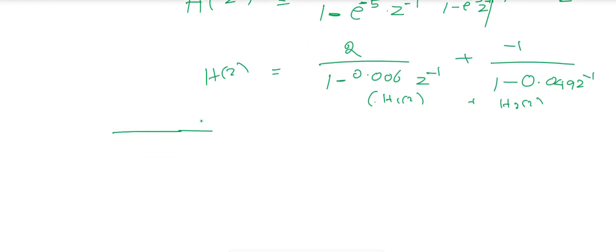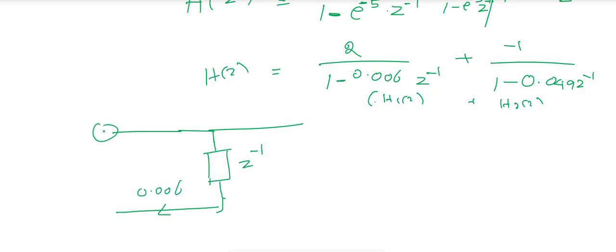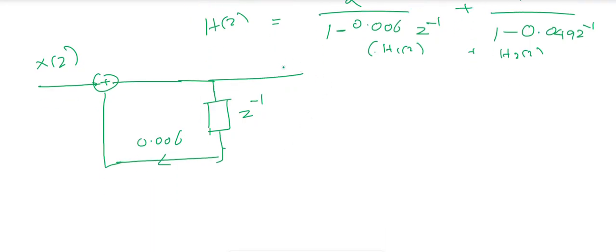One delay element here and one delay element separately, or you can combine them. For the first, the pole coefficient is 0.006, this is X of z, the zero is 2, and this is Y of z, so you can realize it as a parallel system.